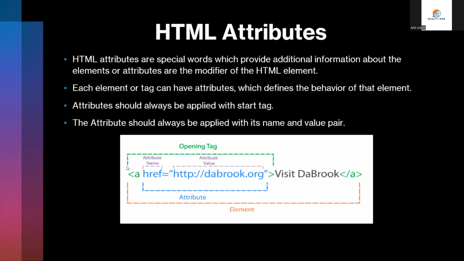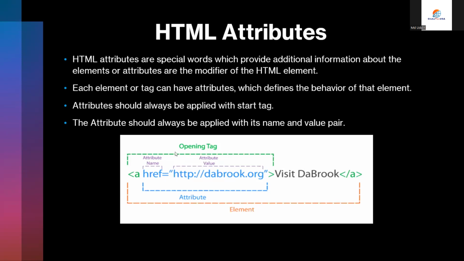So here you can see this is an opening tag which refers to an attribute. Within that, you have the attribute name, href, equal with the quotation. This is the attribute value. And then this is the opening tag and then the closing tag.